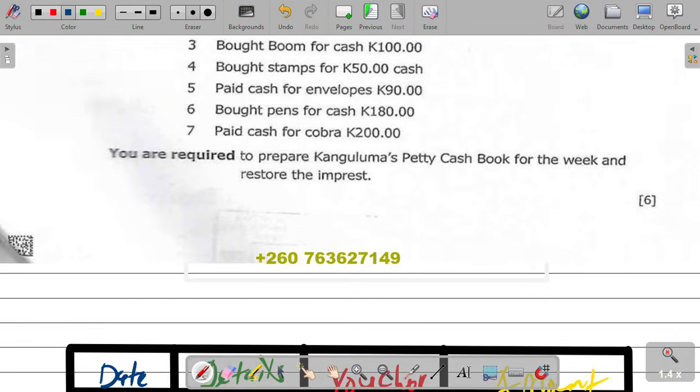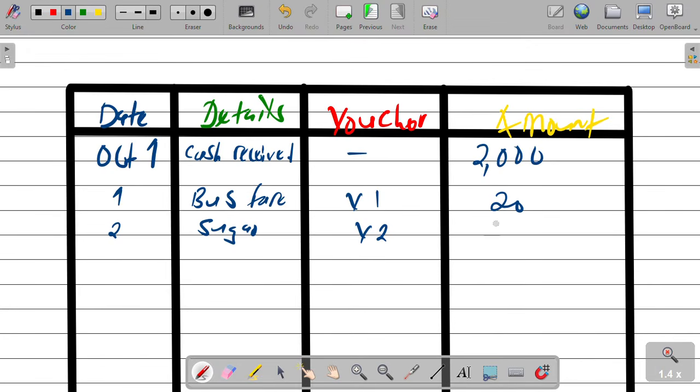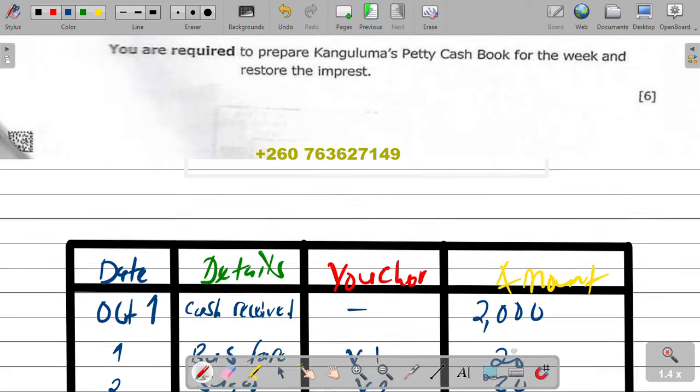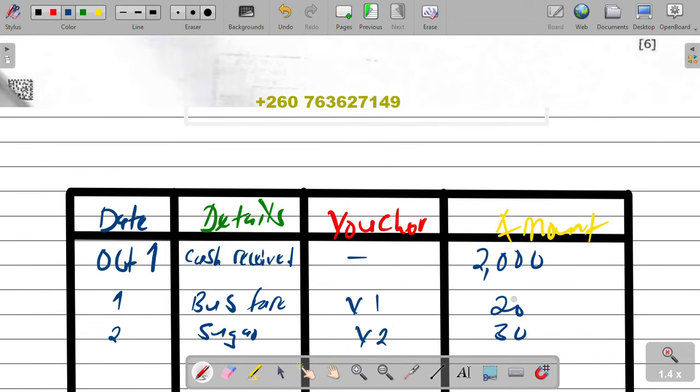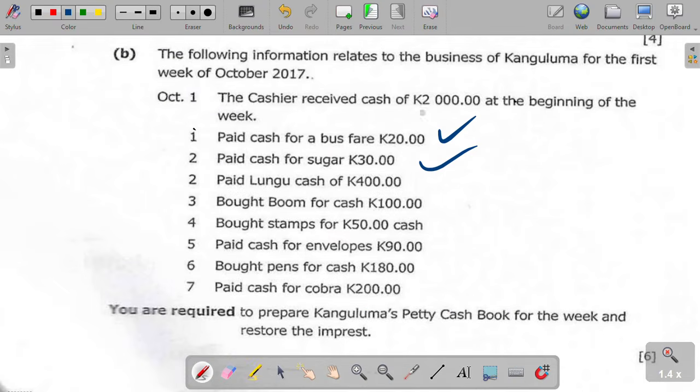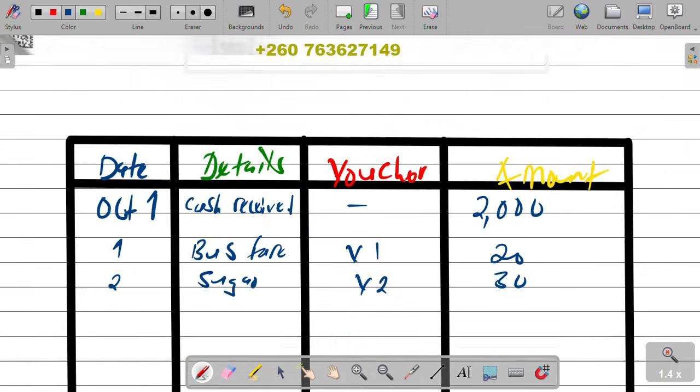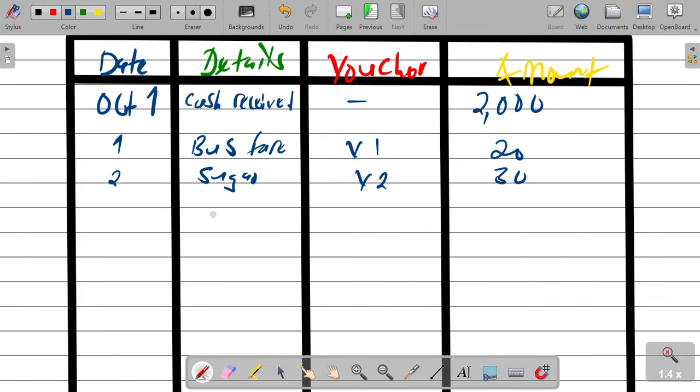It's 30. Then the cash paid to Mr. Lungu, V3.